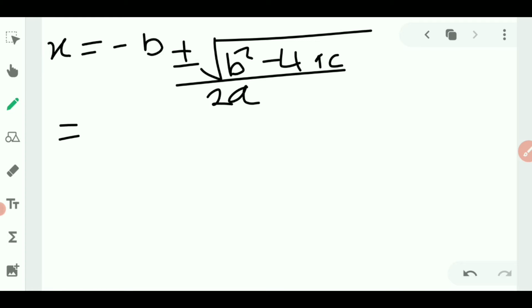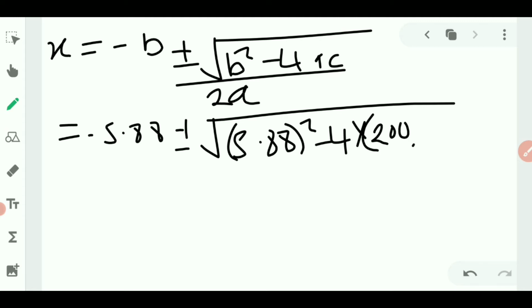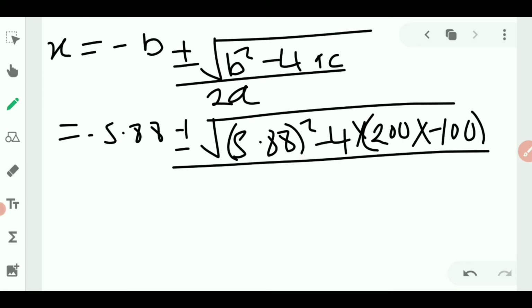Replacing in the values from the quadratic expression we had on the previous board, this will be negative 5.88 plus or minus the square root of 5.88 squared minus 4 times 200 times negative 100, which is the value for c, divided by 2 times 200, which will be 400 in this case.